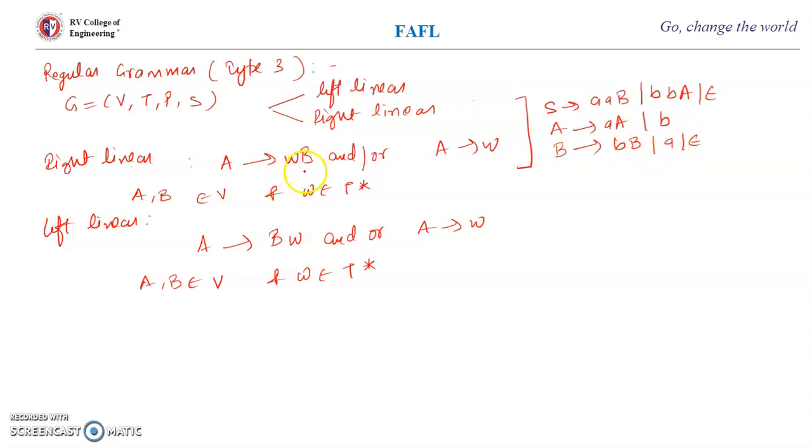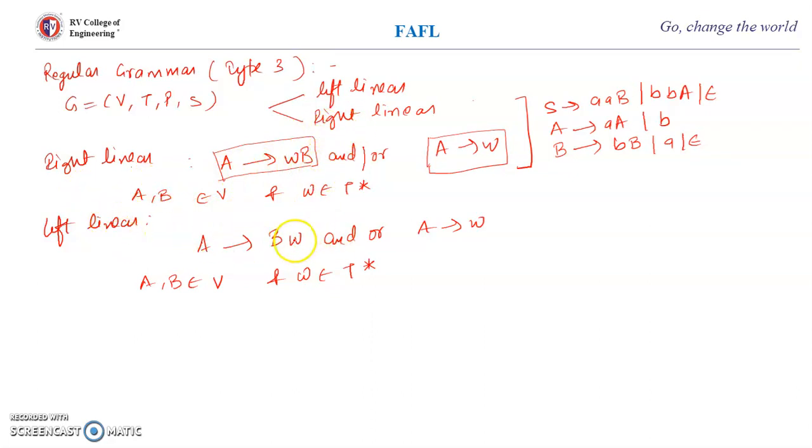So either I can have this production, or I can have this A to w, so only terminals, including the null string. Or we can have a set of terminals and one non-terminal, and if it is a right linear grammar it has to be the rightmost symbol.